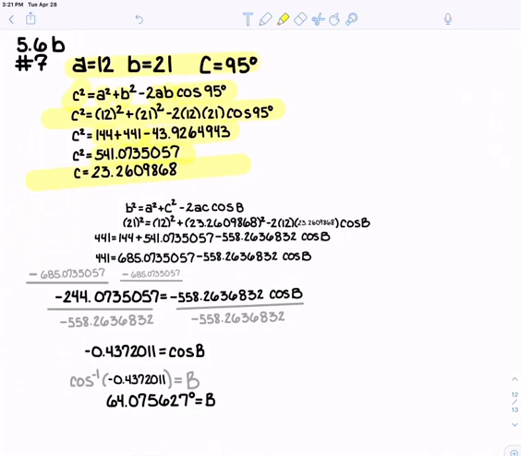So let's go after angle B. Right now you might be tempted, since we have angle C and we have side C, you might want to use the law of sines. You can never use the law of sines to find an angle measure if when you started the problem, you started it by using the law of cosines.